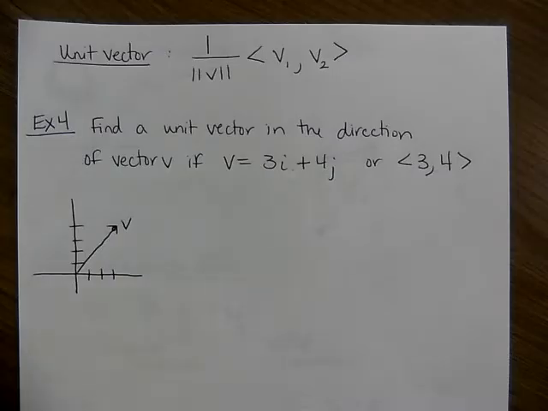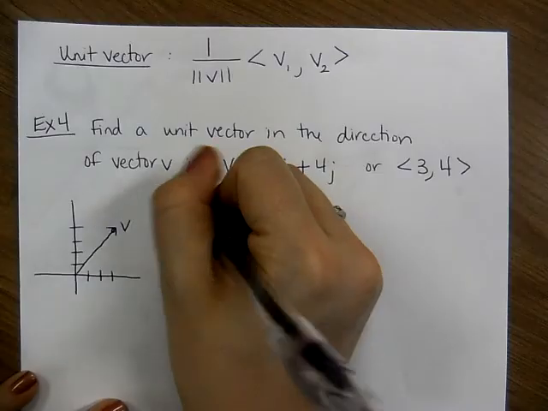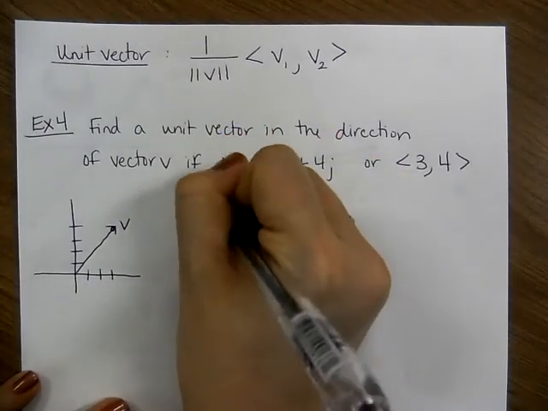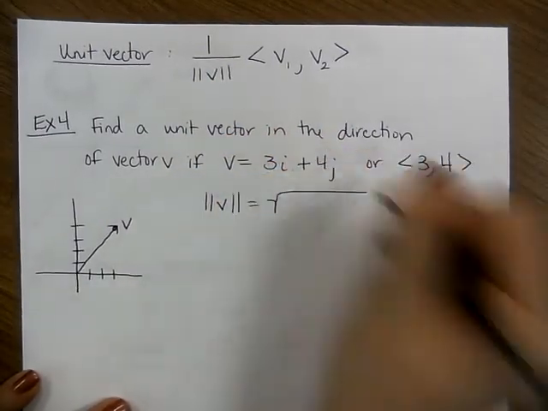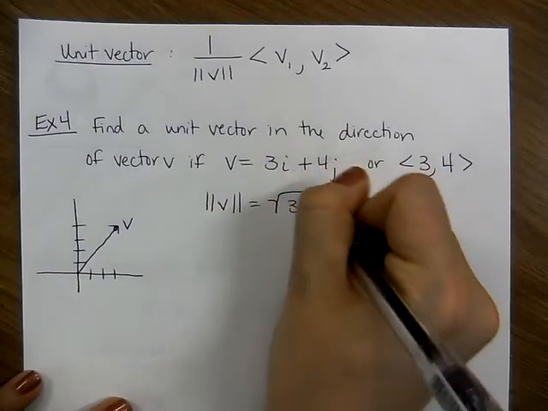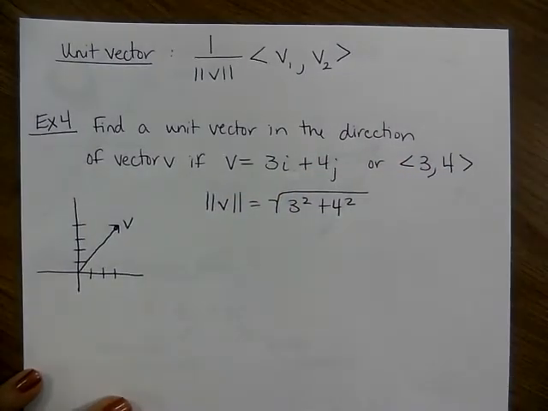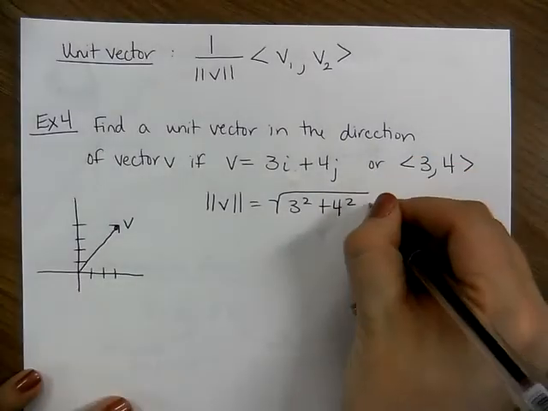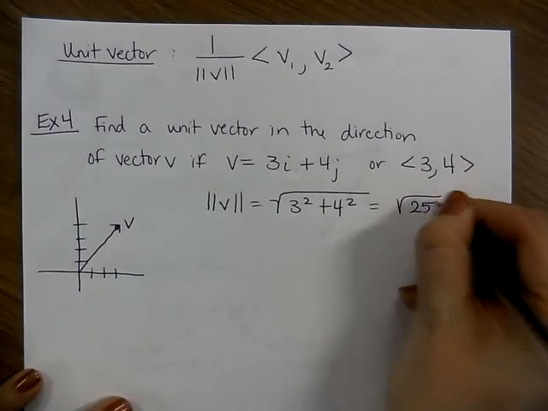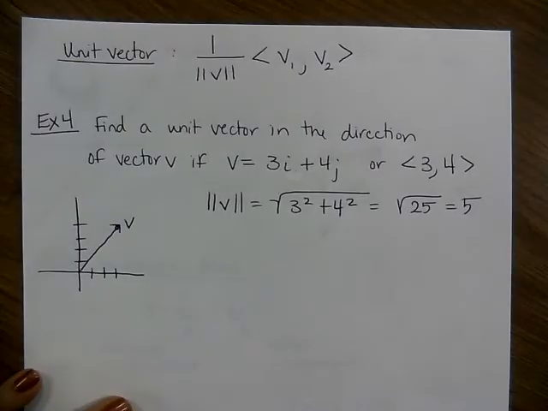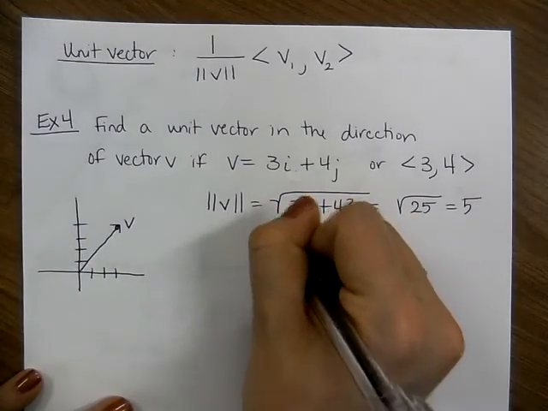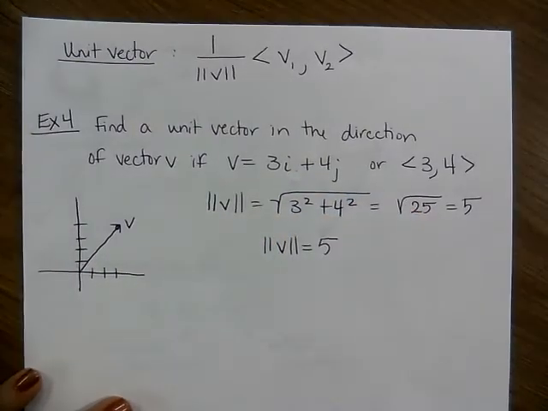You want to know the length of this vector that's been given, because we're trying to force it to have a magnitude of 1, a length of 1. So right now we should know what kind of length it has. So to find the magnitude, what do we do? Square root of 3 squared plus 4 squared. That's all you do, right? So that gives us the square root of 25. So this vector has a length of 5. The magnitude of V is equal to 5.